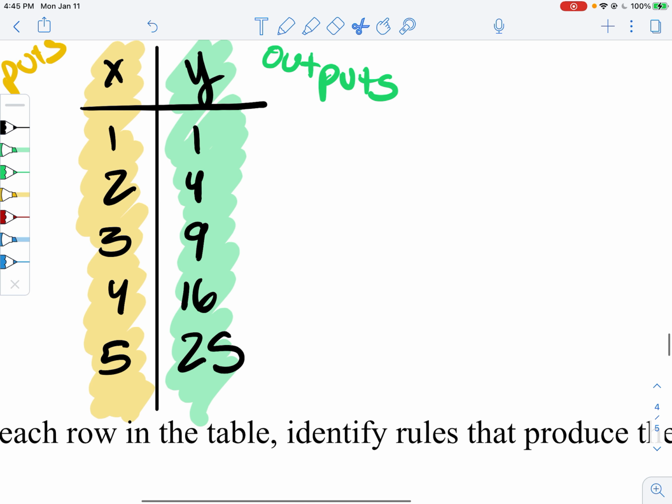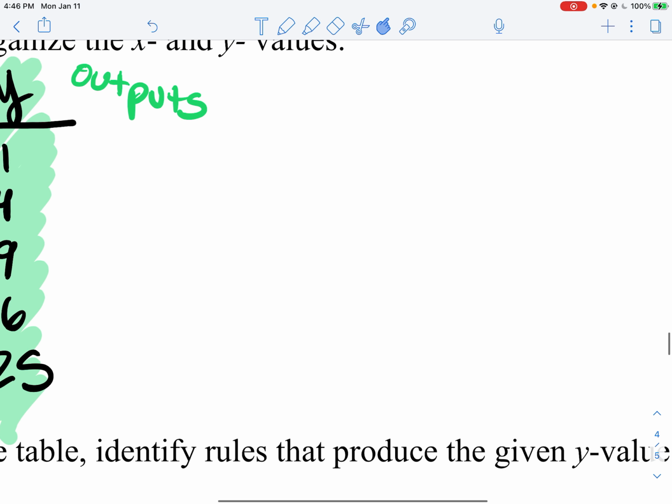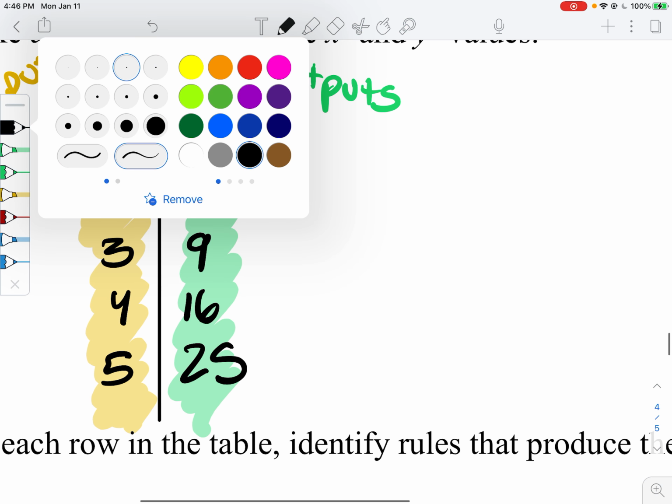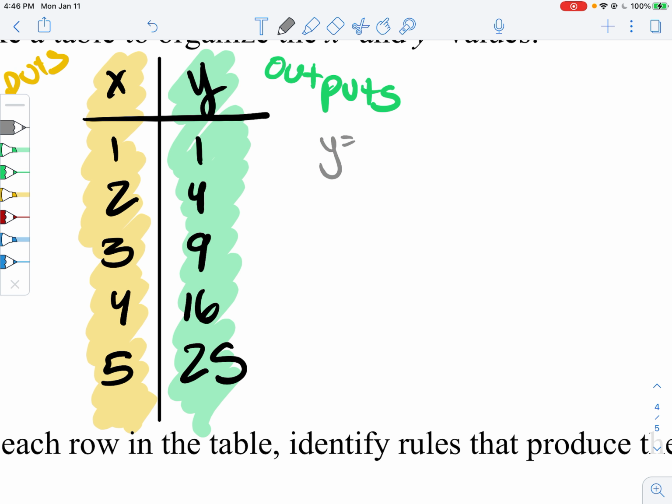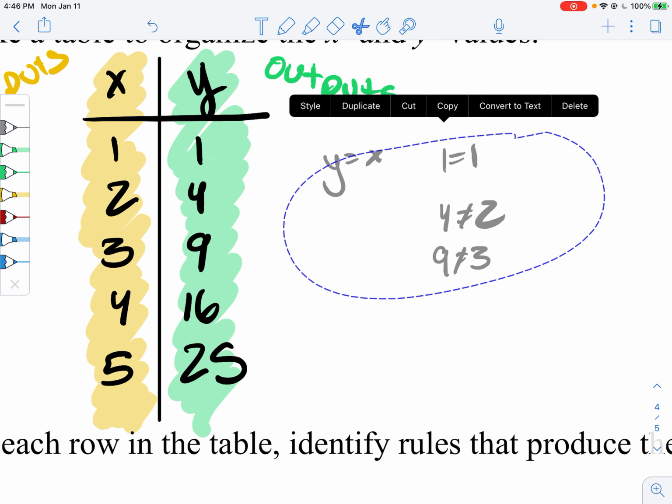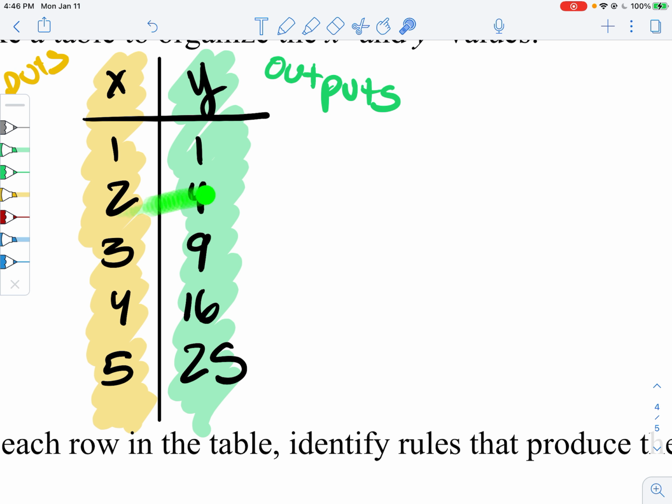Well, here on our first row, I could say y equals x. I could make that my rule because 1 equals 1. But that doesn't work here because 4 is not equal to 2. So 1 equals 1, that works. And 9 is not equal to 3, so that doesn't work. The y equals x doesn't work. I could look at my second one and I could say, you know what, here y is x plus 2.